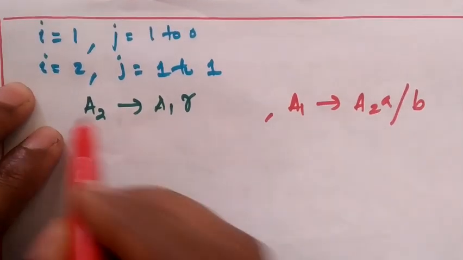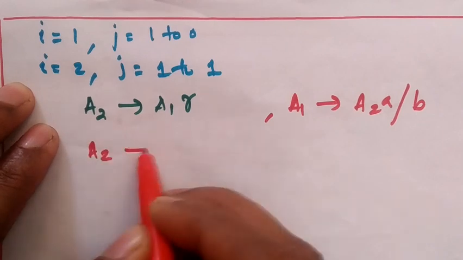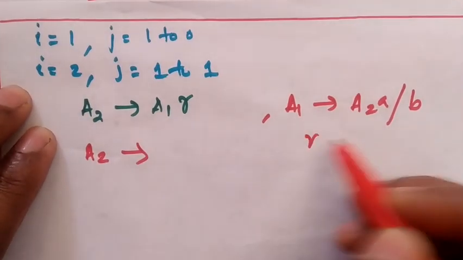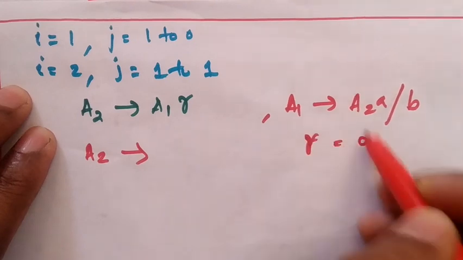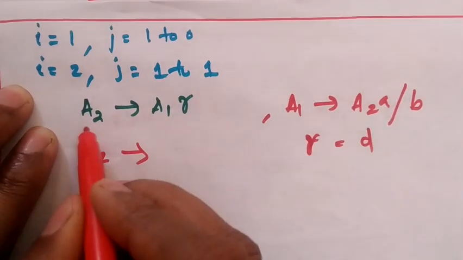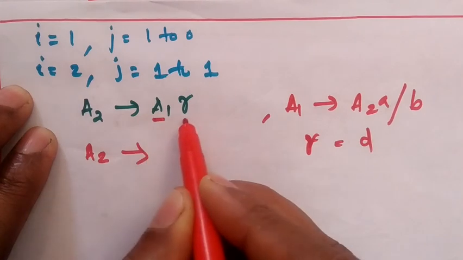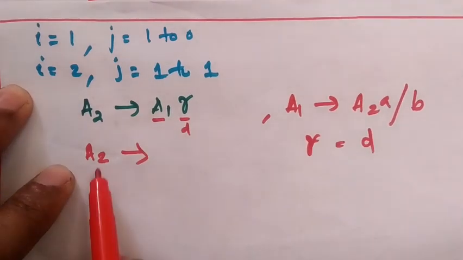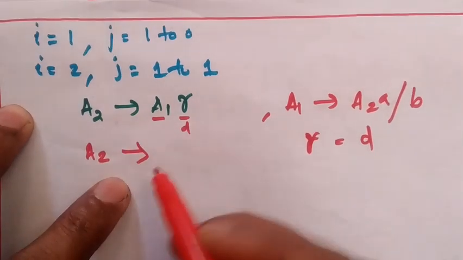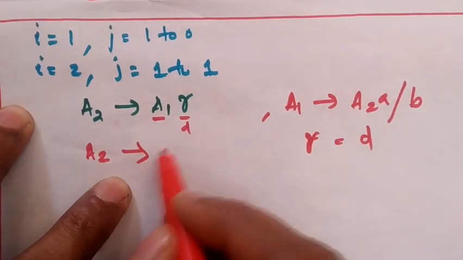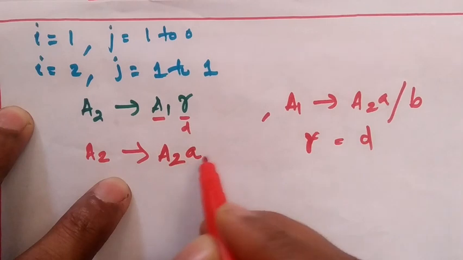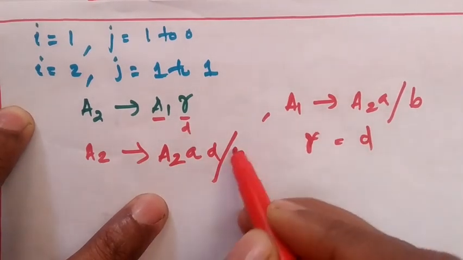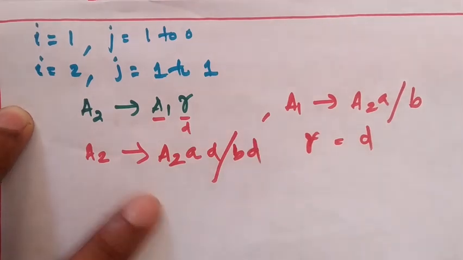Then this production we will replace as A2 gives, where our gamma is D. So this is A2, this is A1, and gamma is D. Then A2 we will replace as A2 gives A2AD, BD.